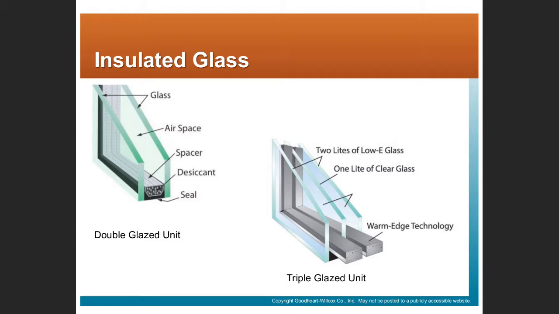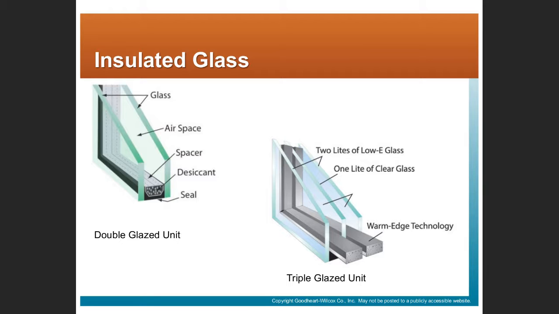Desiccant means you have some material in there that's going to absorb moisture. So we don't want that airspace to fog up, because then you can't see out of the window as well. And there'll be some kind of sealant to keep that airtight and keep the moisture out. And again, a triple glazed unit, similar things.